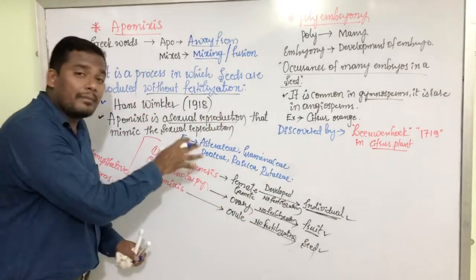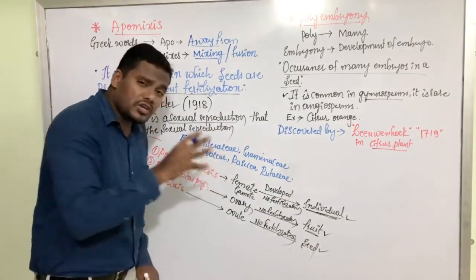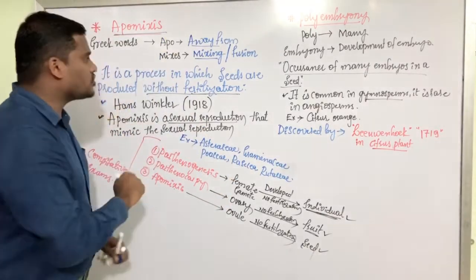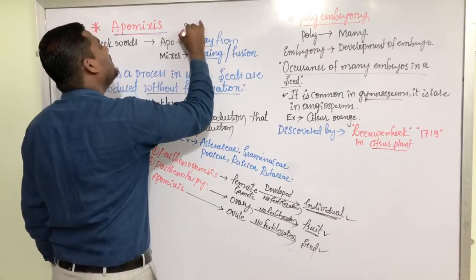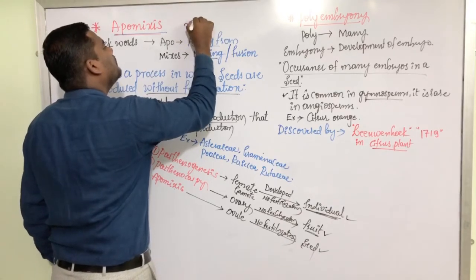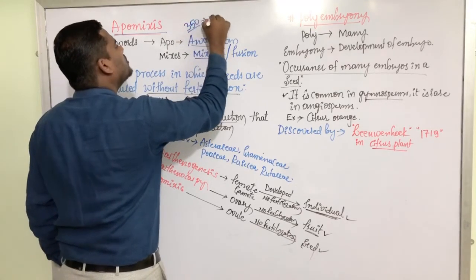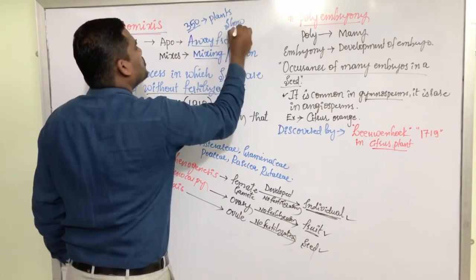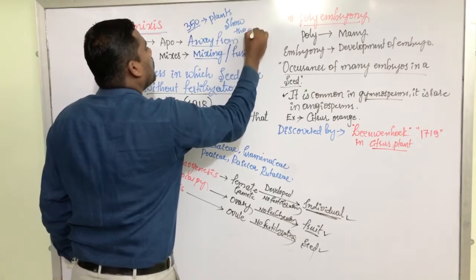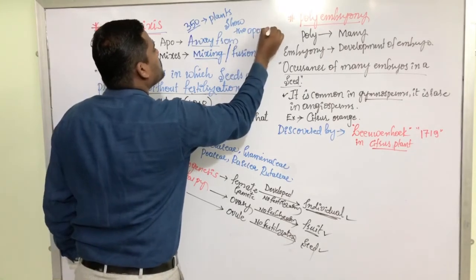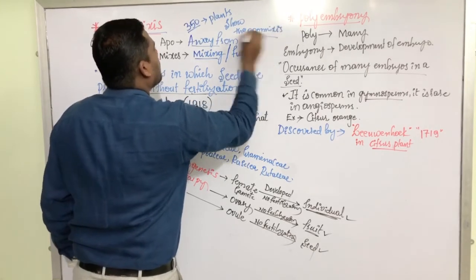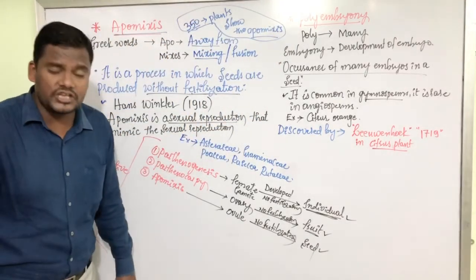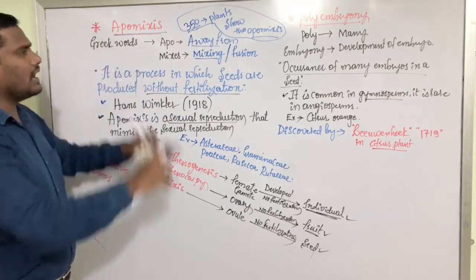These are all plant families, and members of these families show apomixis. Approximately more than 350 different varieties of plants show apomixis.